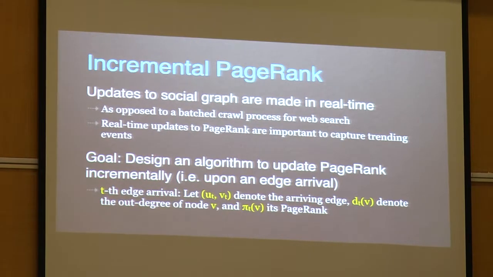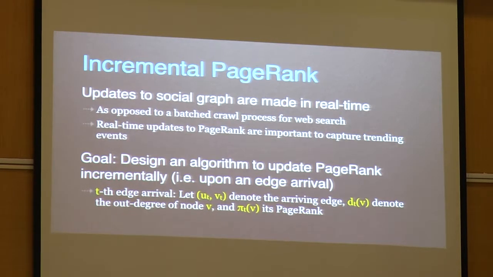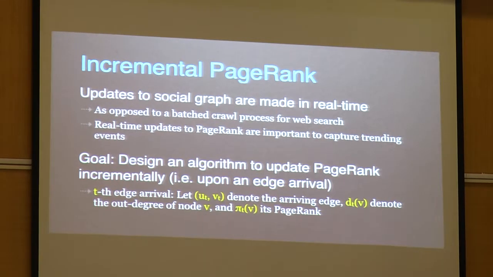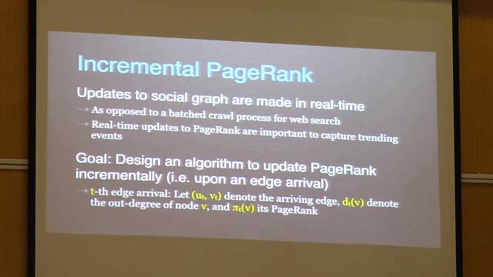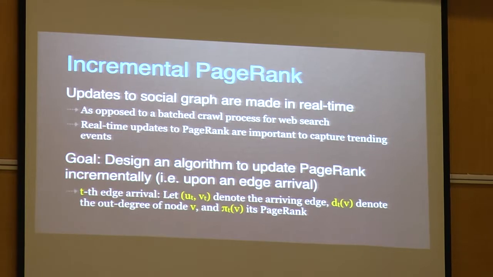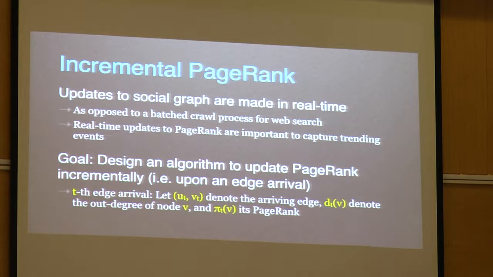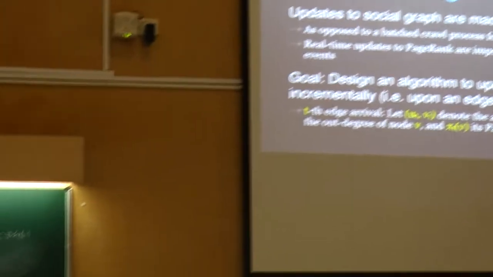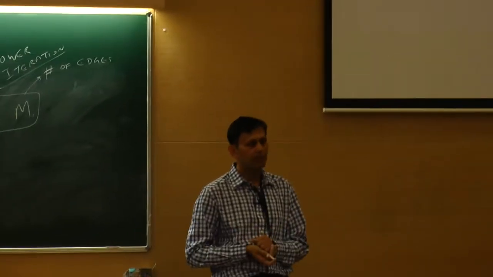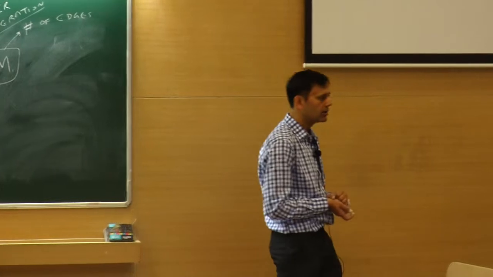I'm going to make a slight assumption here: that the graph is adversarial. We're not going to assume any generative model on the network. For those of you who have seen papers on social networks or web graphs, it's quite common to assume that these networks are generated from some model, either the power law model, the Erdos-Renyi model, or the forest fire model.